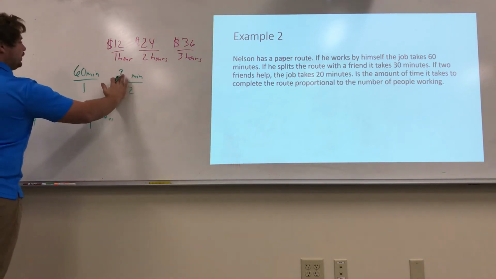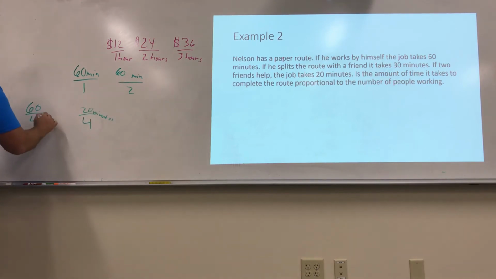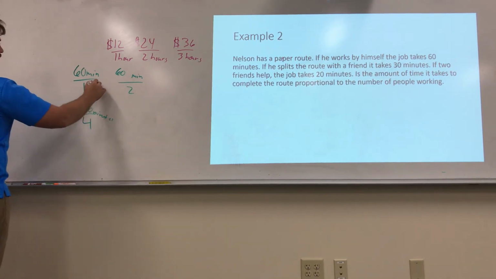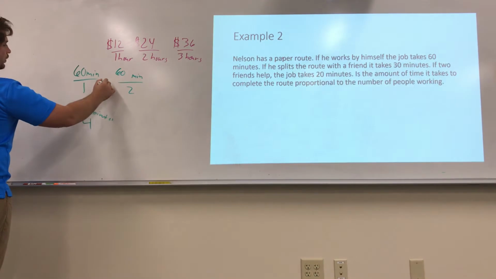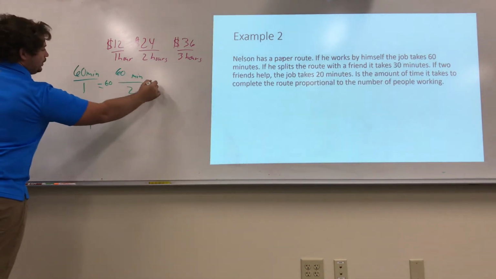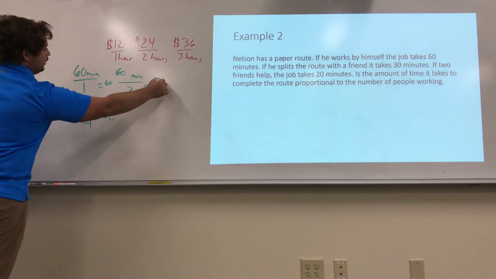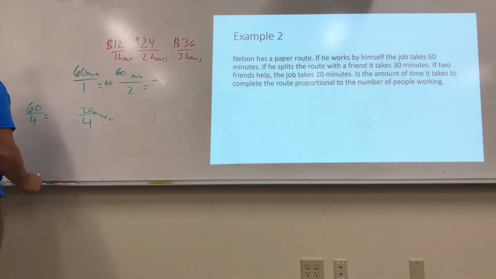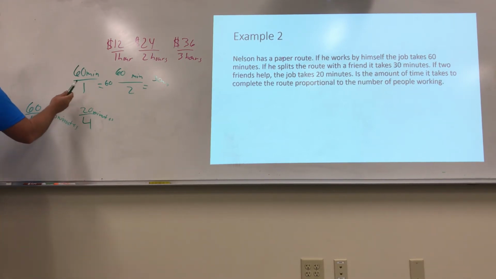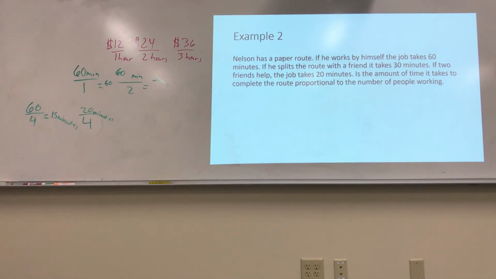The total time taken would equal 60 over 1. This one would equal 30, and this one would equal 15 minutes. Well, that's wrong. Basically, one person can do it in 60 minutes. If you have two, it still took them 60 minutes, right?